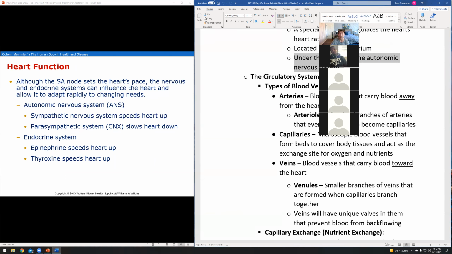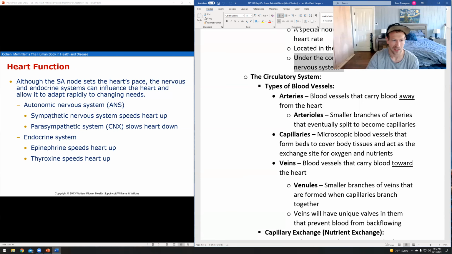All right, and here's those things. By the way, I just realized I kind of moved past them. The autonomic stuff. Your sympathetic autonomic section. Remember, that's the fight or flight system. That speeds your heart rate up. The parasympathetic slows it down. And your endocrine system, your hormones, play a role in this as well, right? Like epinephrine, that's adrenaline, it speeds your heart up.